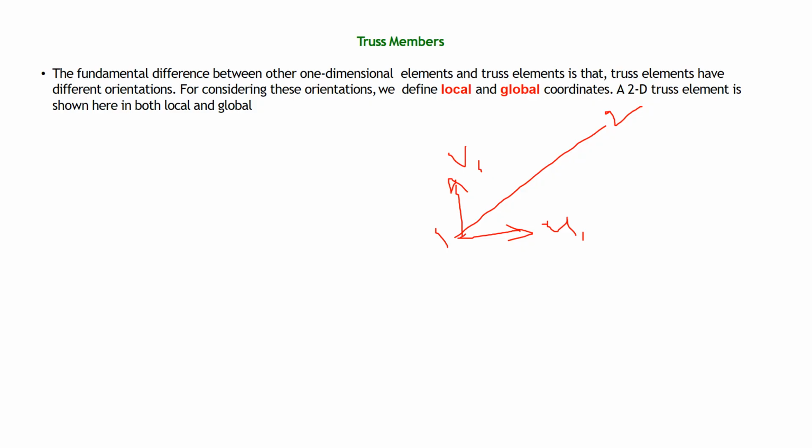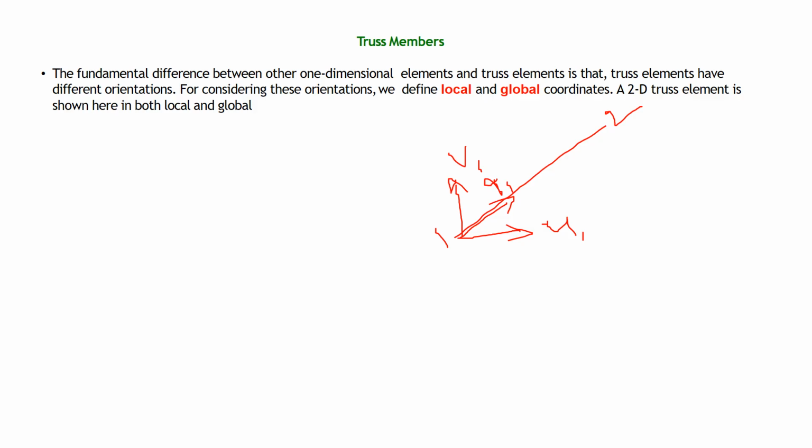But actually the resultant displacement is along the member direction, that is q1. Now we have to find the relation between the global coordinates and local coordinates. Here q1 is along the axis of the truss member, and u1, v1 are the global coordinates, like the x and y axes. So first we have to derive the relation between these two coordinates.